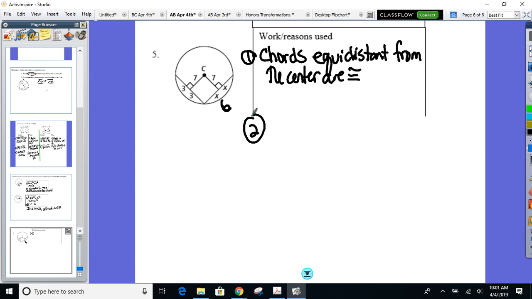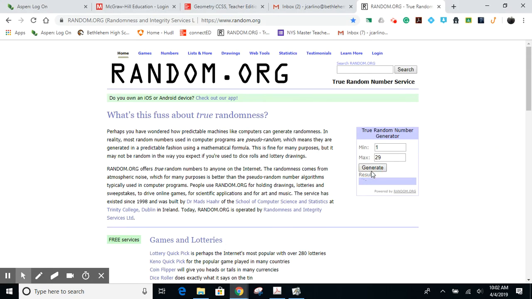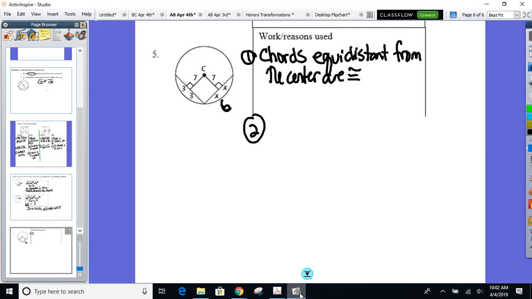All right, how do I find x now? And you better have a fact to back yourself up. I know the whole chord is 6. How do I find each of those pieces? Any idea?